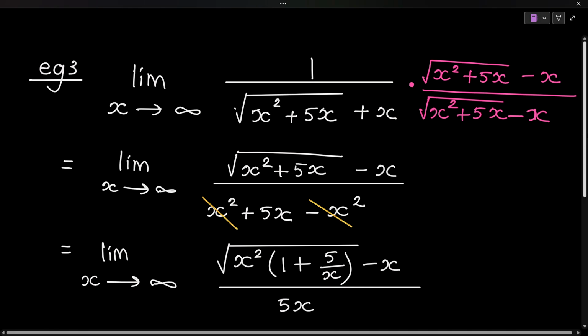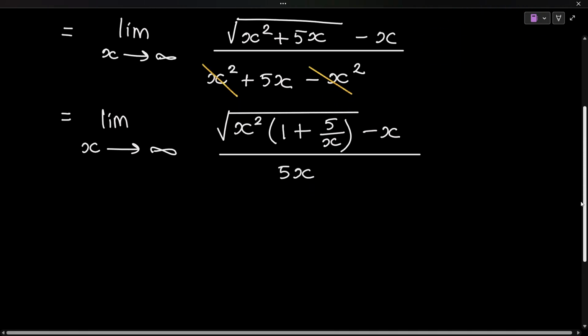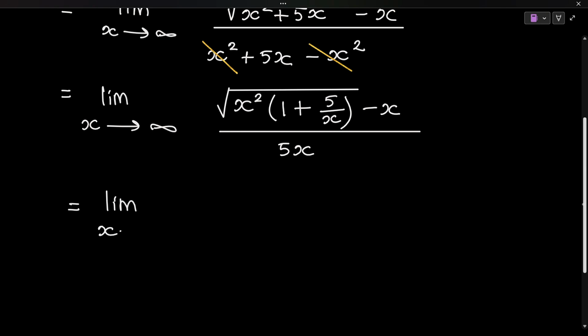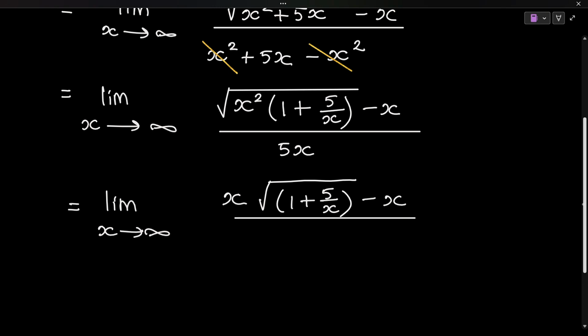Now, the whole aim of pulling out x squared is so that the square root and the square can cancel out. So once that happens, we have x, and underneath the square root, we have 1 plus 5 over x. Next to that, we have minus x all over 5x.